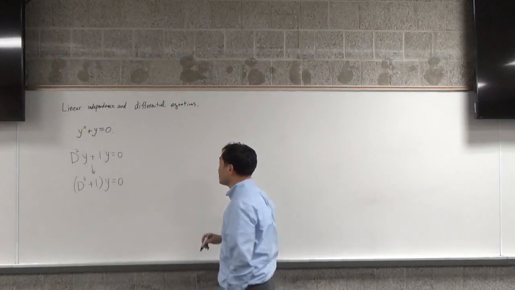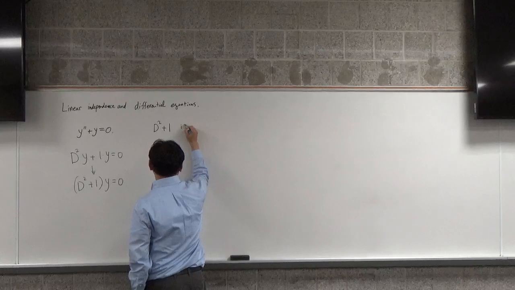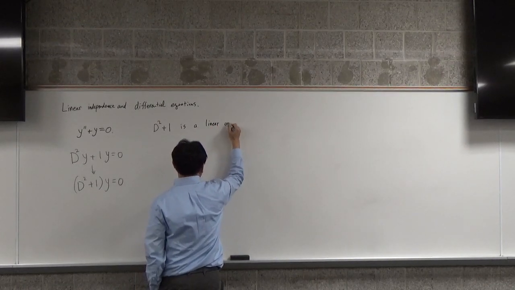And here the important thing is that D squared plus 1 is a linear operator.